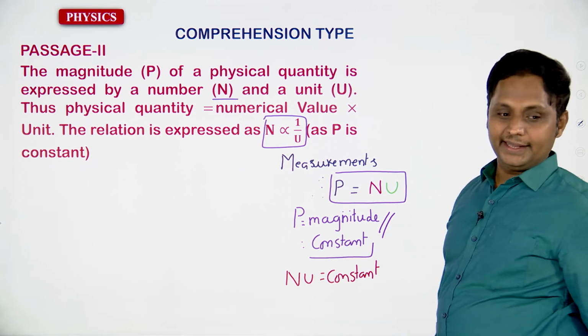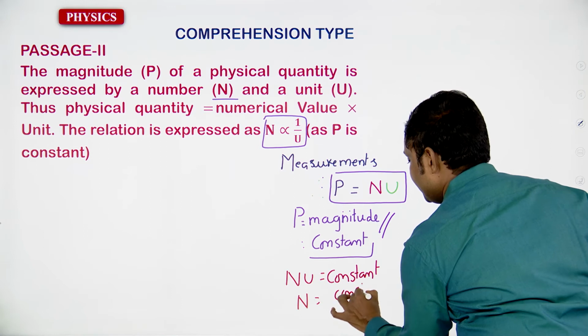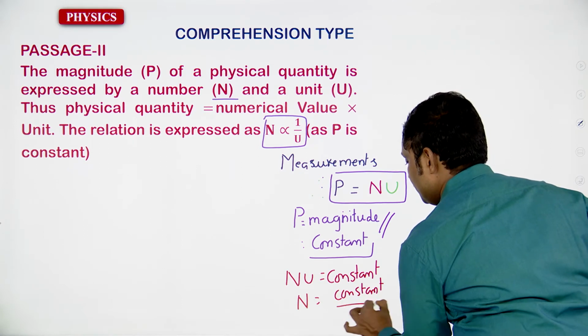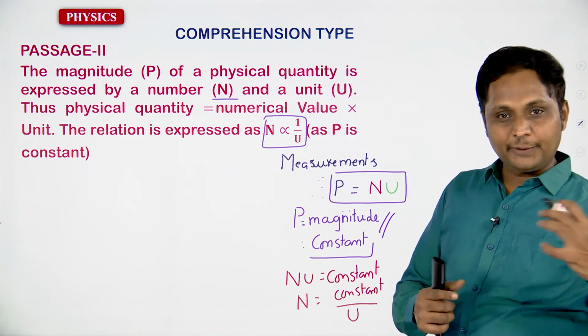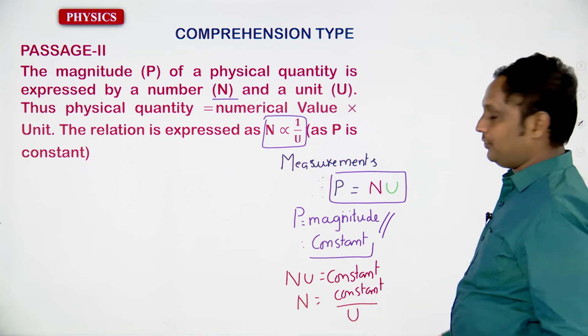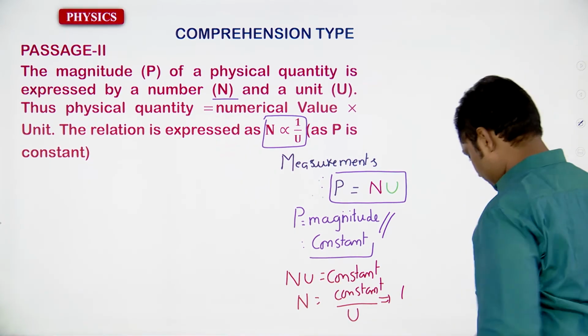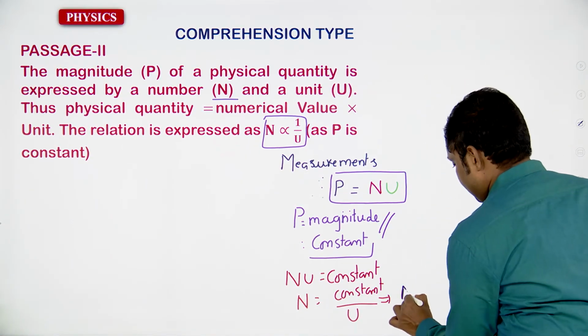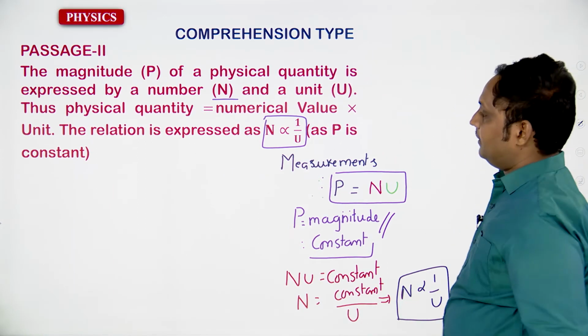So n is equal to some constant by u. You have to write down that proportionality. You can express n in terms of u. That implies n is directly proportional to 1 by u.